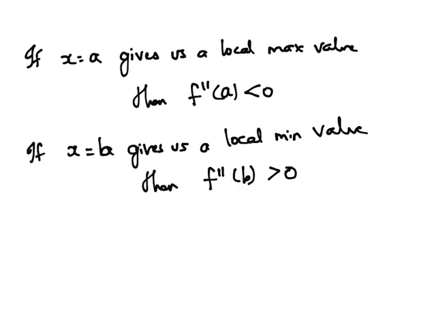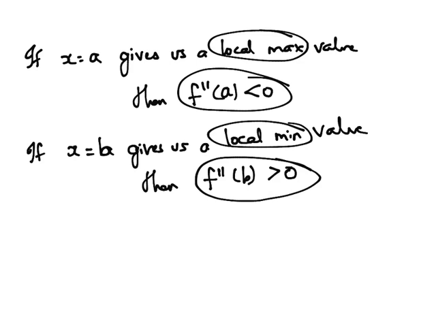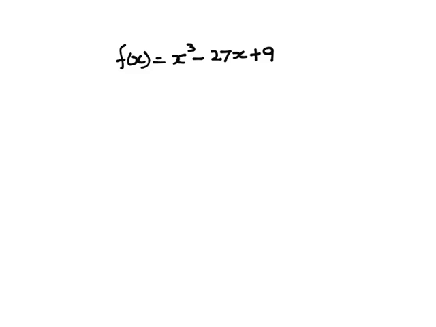Now if x equal to b gives us a local minimum value, then again f double dash of b will be positive, provided the second derivative exists. So you can say local maximum means second derivative is negative, local minimum means second derivative is positive. Okay, so let me solve some problems to make it clearer. Now let us look at this problem.